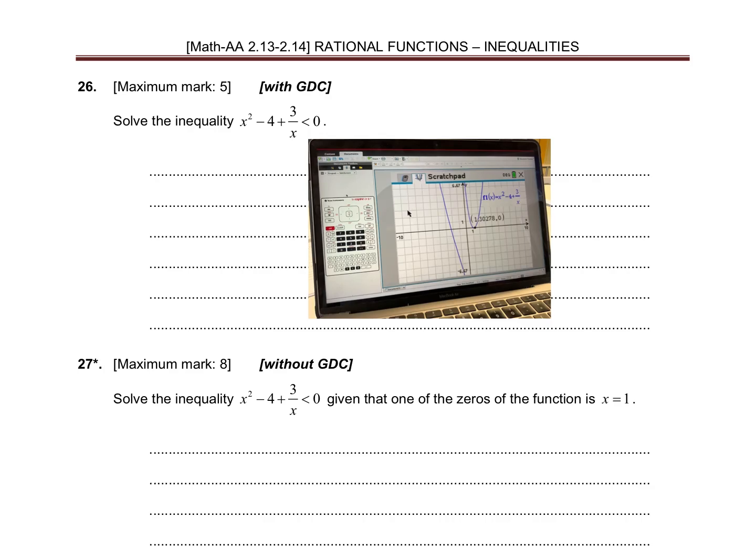Okay, so for this one is with the graphing calculator, and I just go ahead and graph it. Obviously before this point, it's less than 0, and we have to check here because it looks like that little bit's under. So let's go ahead and find the 0 first here.